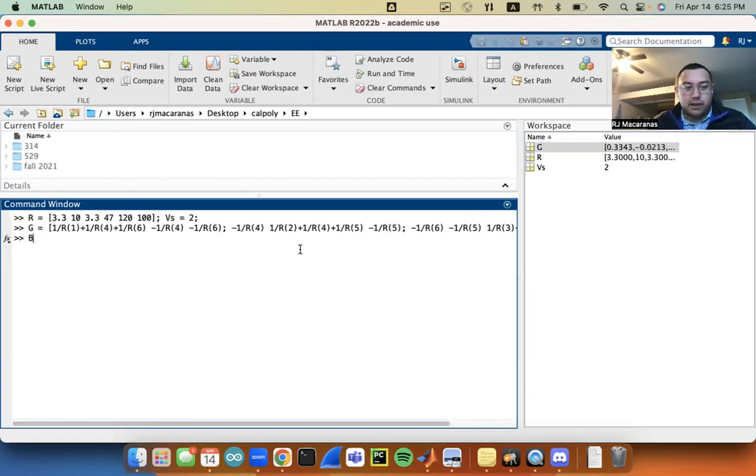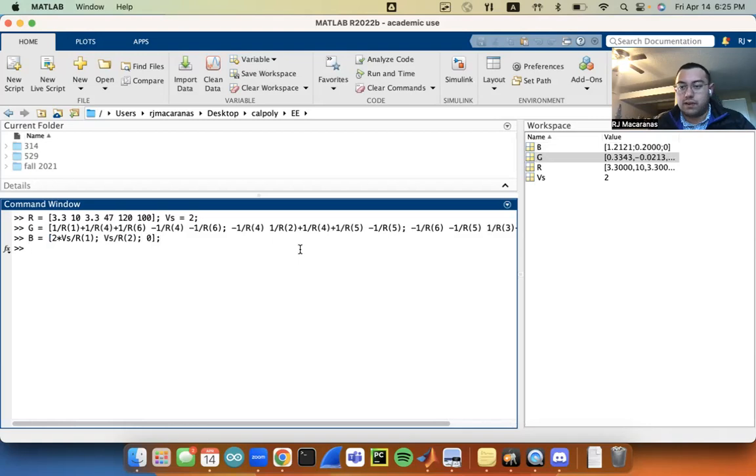Okay, and then we want to define our vector B. So B, again, was this 2 times VS divided by R1. And then in the next row, we've got VS divided by R2. And in the last row, we've got 0.